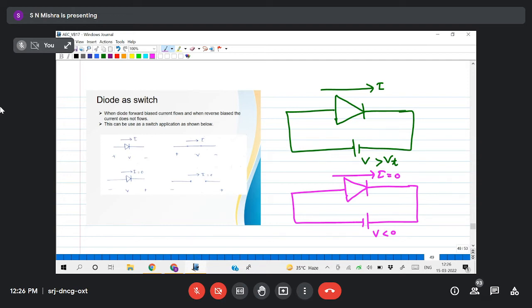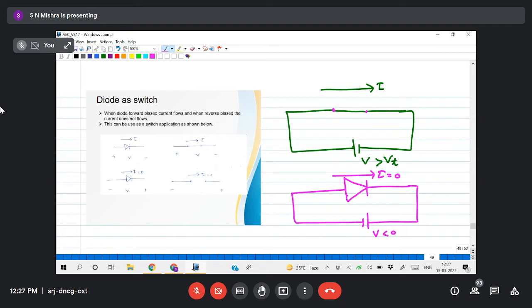Have you understood this one? I have represented it here in a circuit condition. Now when current is flowing, it needs a path. That means we can say the 2 points are shorted, so we can replace this diode and join the 2 points so that the current will flow.